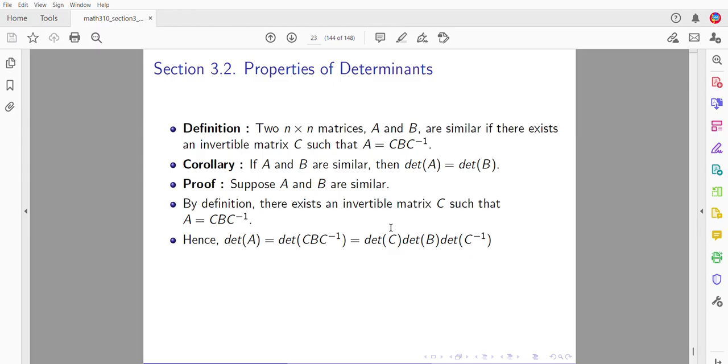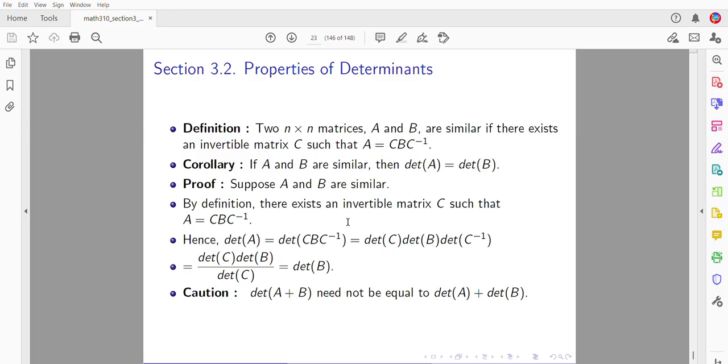So determinant C times determinant B times determinant C inverse. On the other hand, determinant of C inverse is 1 over determinant C. So determinant C, determinant B over determinant C. They cancel, you get determinant B. That is determinant A equals determinant B, which is what you wanted to prove.